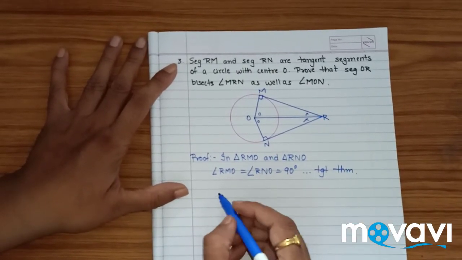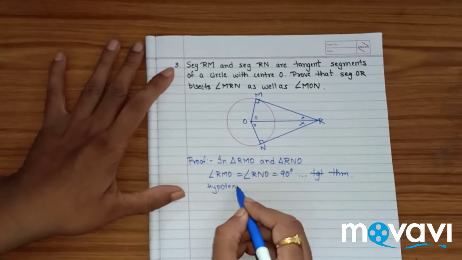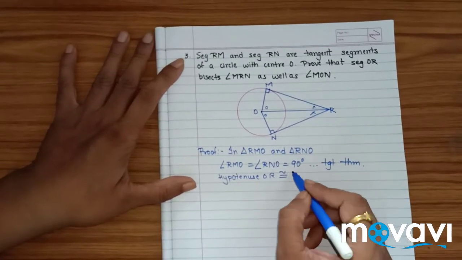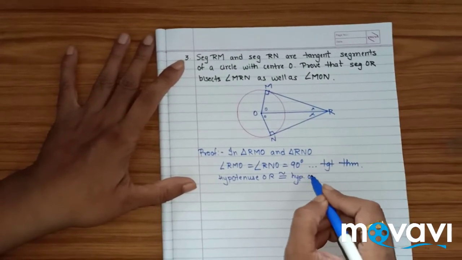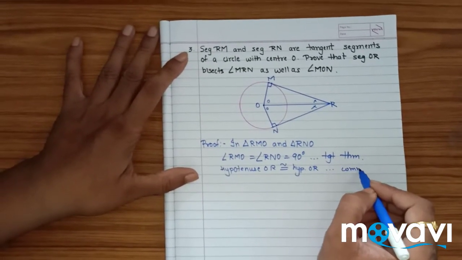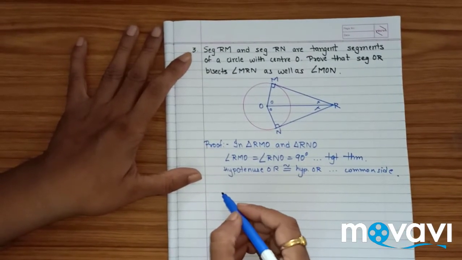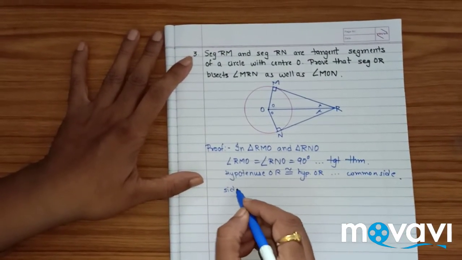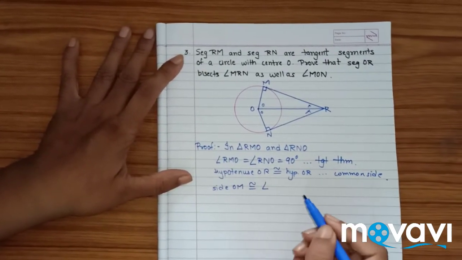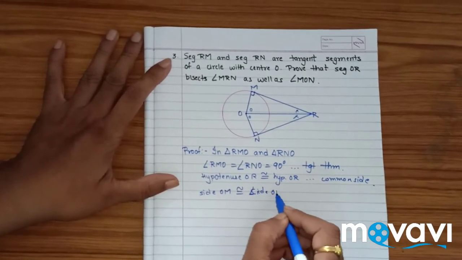Now we know that hypotenuse OR is congruent to itself. Hypotenuse OR, right? And also it is common side, right? Now side OM is congruent to side ON. Sorry, I wrote angle, it is side ON.